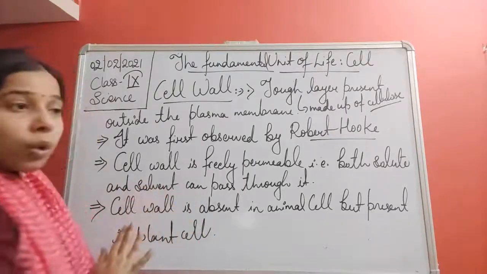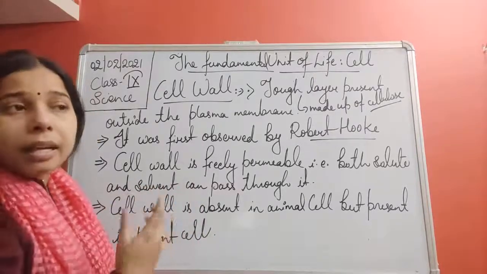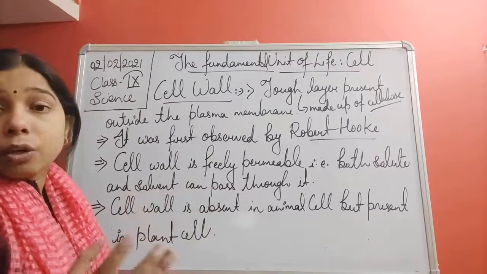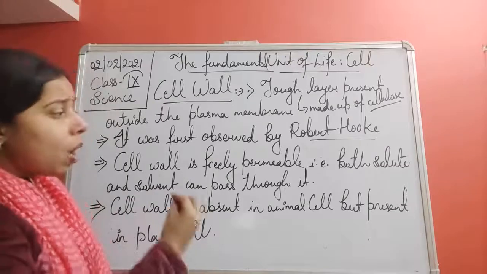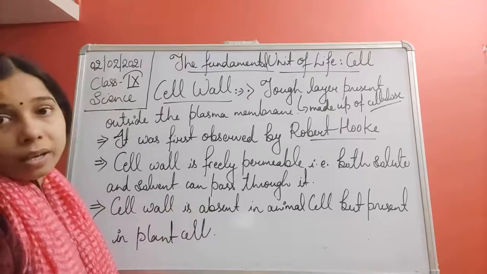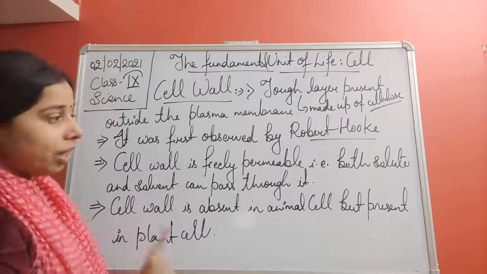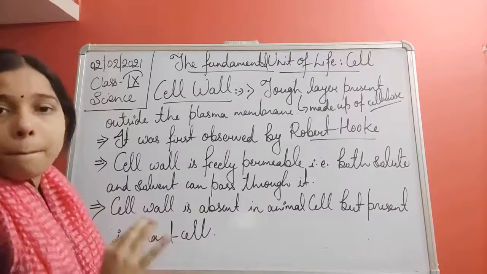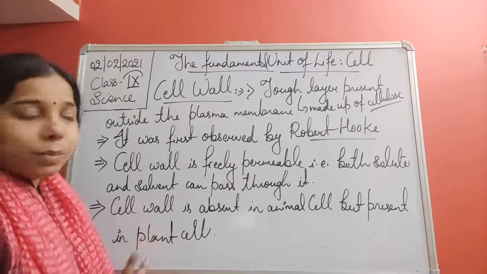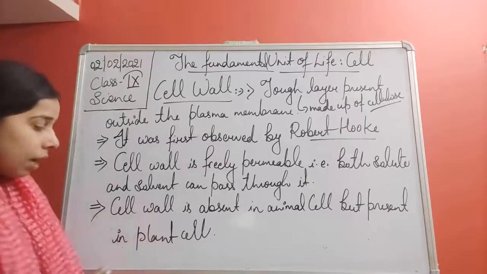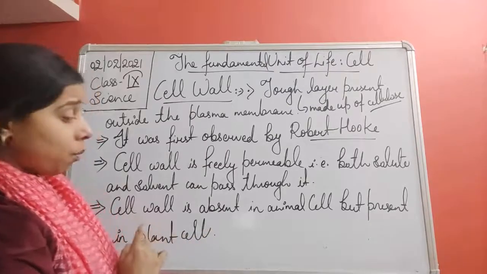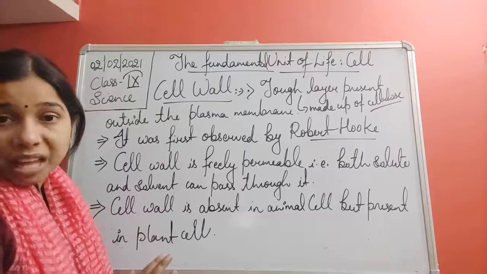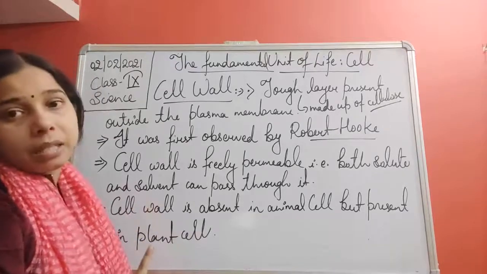Now, when you look at the cell wall, students, we know that the cell membrane is selectively permeable. What kind of nature does the cell wall have? The cell wall is freely permeable, that is, it allows both solute as well as solvent to pass through it. And the cell wall is absent in the animal cell, but it is present in the plant cell.